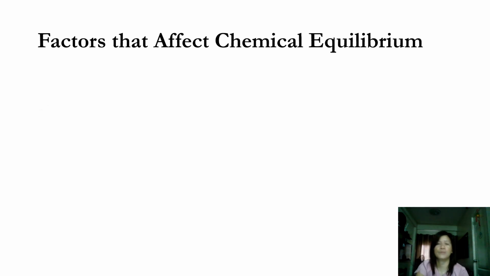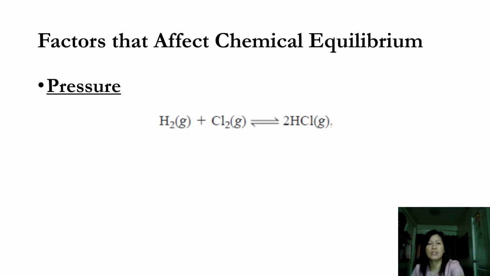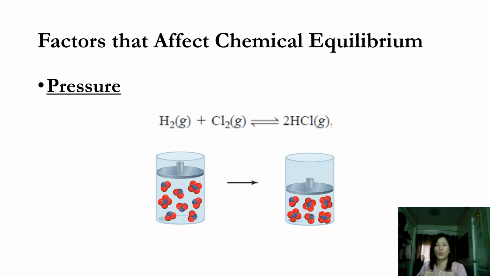in terms of concentration. In terms of pressure, you have to consider which side of the equation has the greater amount of gas. Increasing pressure in a chemical reaction at equilibrium is putting stress on the side with higher moles of gas.